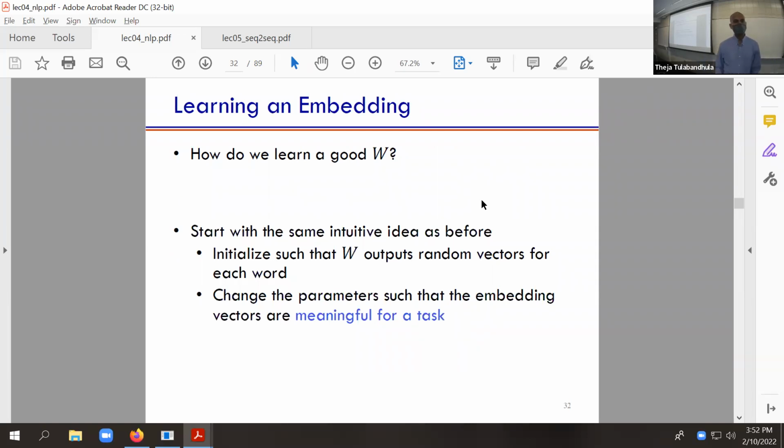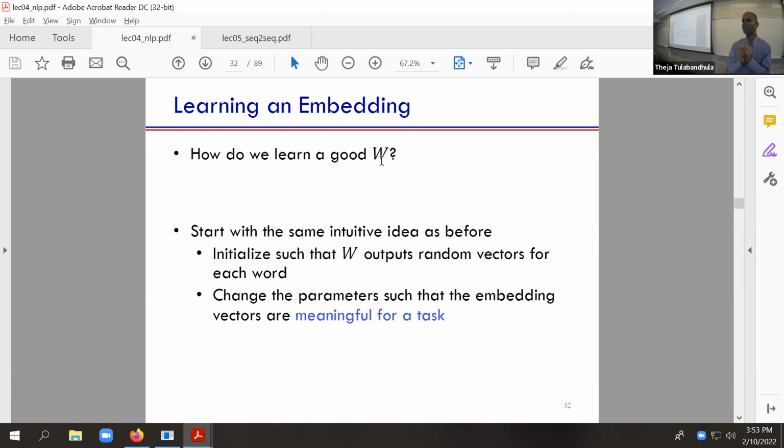So how do we get this good W, where hopefully words that appear in similar contexts have similar vector representations and capture semantic meaning? We initialize the original W matrix with some random vectors, and then we change these random vectors. The entries of the vectors are just numbers.